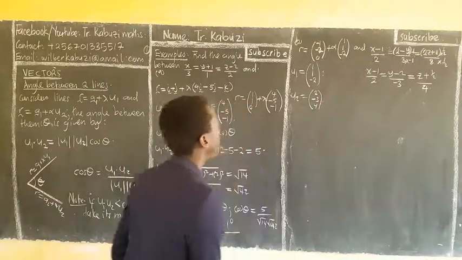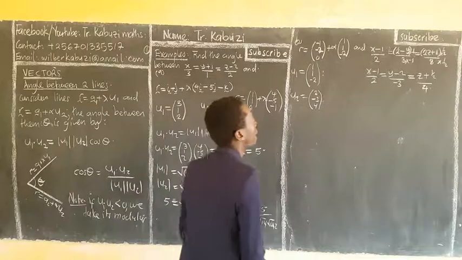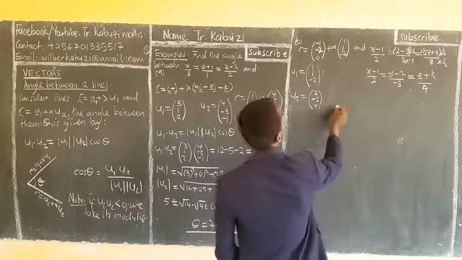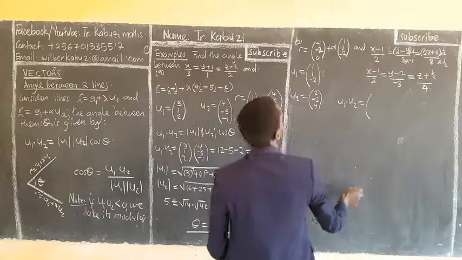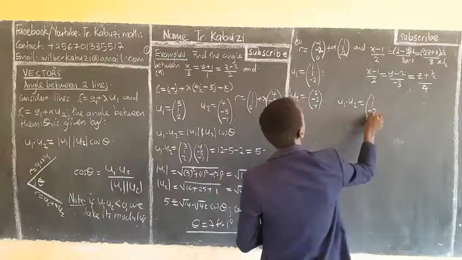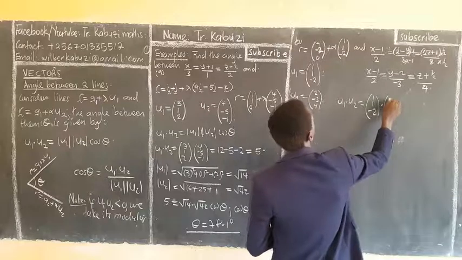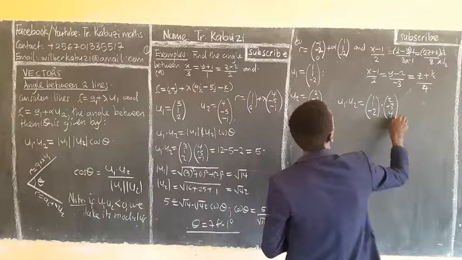But remember, in our formula we need their dot product. So u1 dot u2 will be 1, 1, negative 2 dot 2, negative 3, 4.